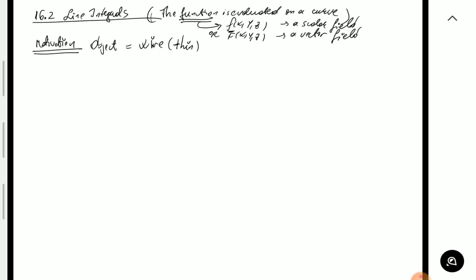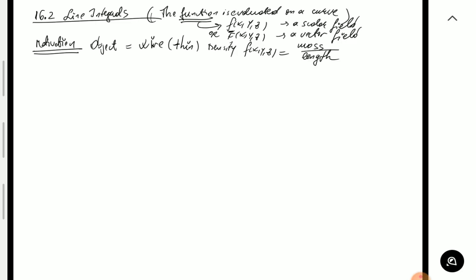Just like for a thin plate, it makes sense to define the density as the mass over the area, so in terms of kilograms per square meter. It may make more sense for this heavy wire to define the density of it, let's call it f of x, y, z, as a ratio between unit of mass at that point x, y, z over unit of length.